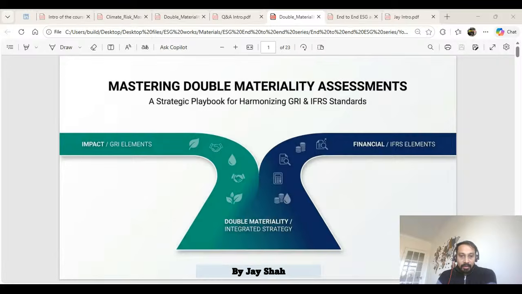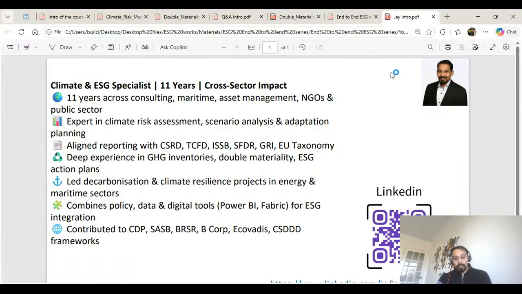So I will start with my introduction, for those who are new and not aware of what is going on for the end-to-end ESG reporting and climate series. I'm Jay Shah. I have 11 years of work experience across consulting, maritime asset management, and various NGO and public sector projects.